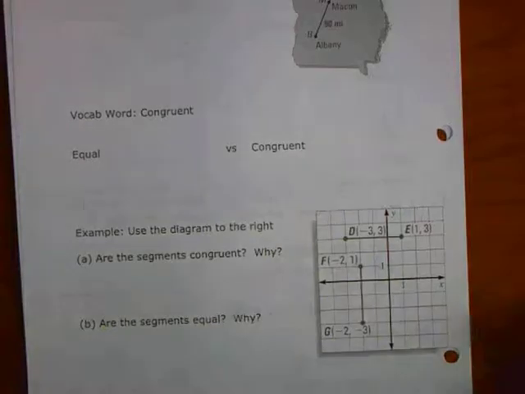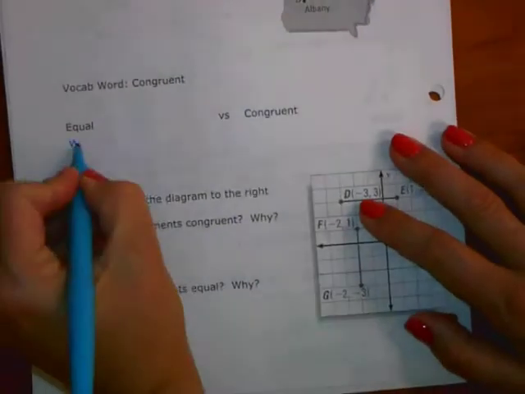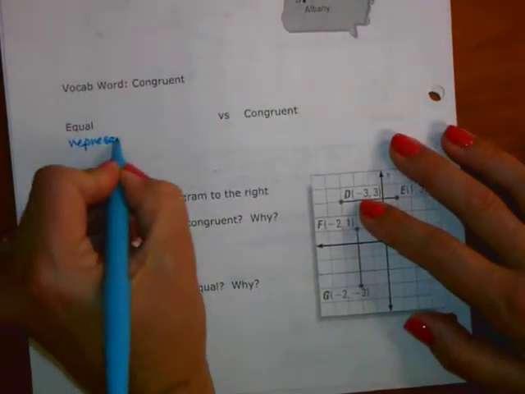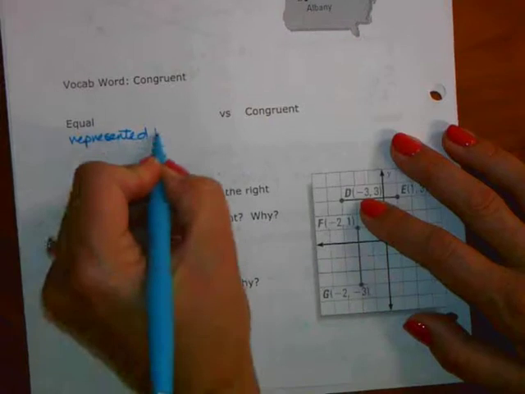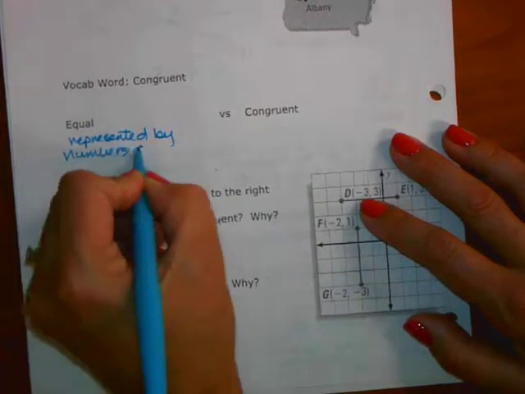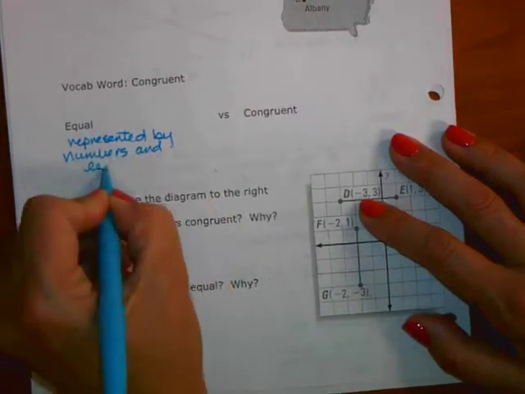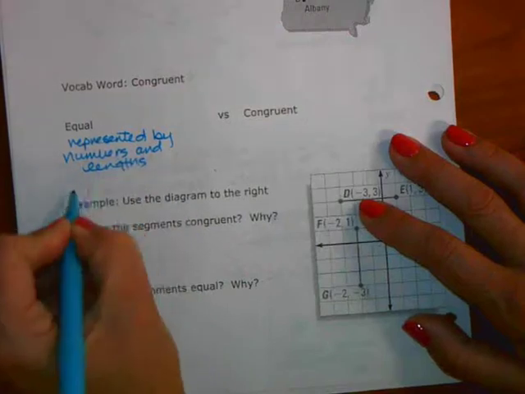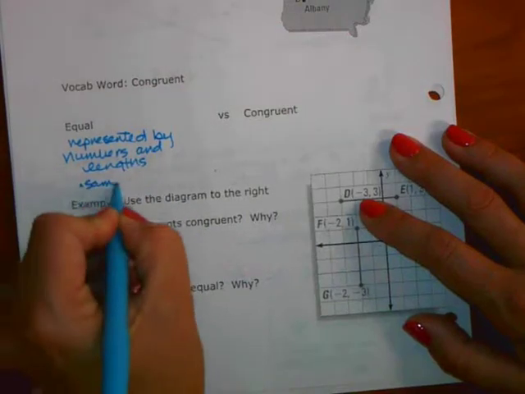Vocab, congruent. Equal is represented by numbers and lengths. They have the same value.